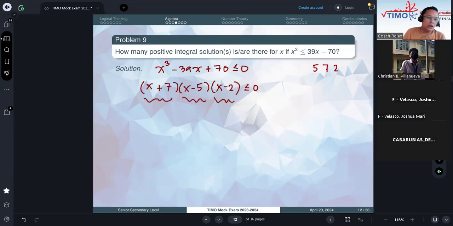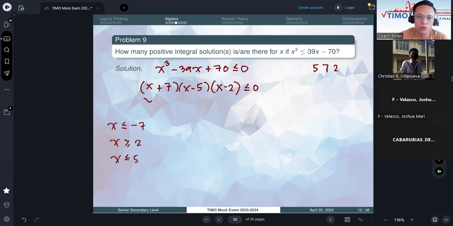Now from here, if you take into account all these cases, you will arrive at x is less than or equal to -7, x is greater than or equal to 2, and x is less than or equal to 5.